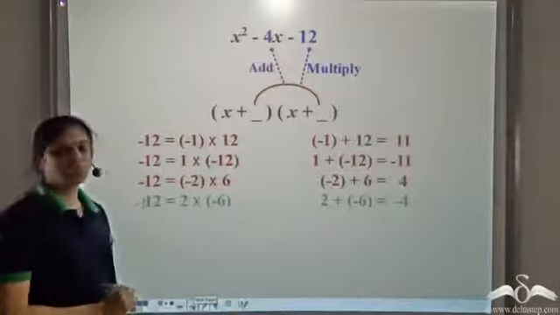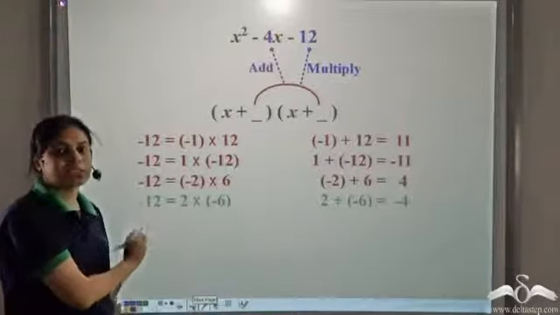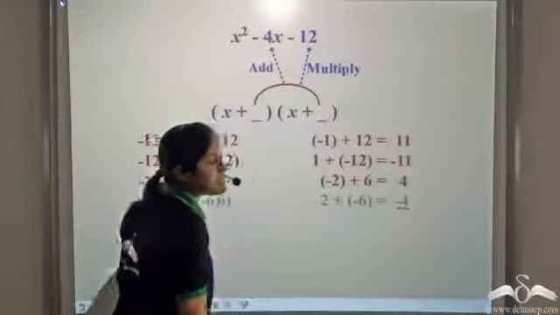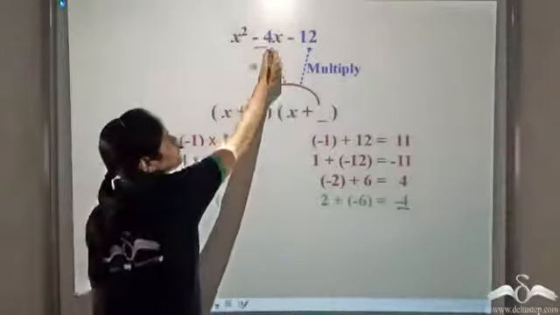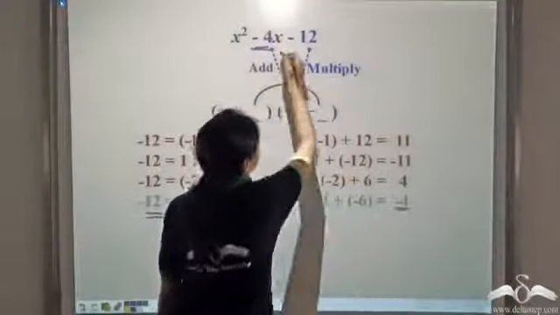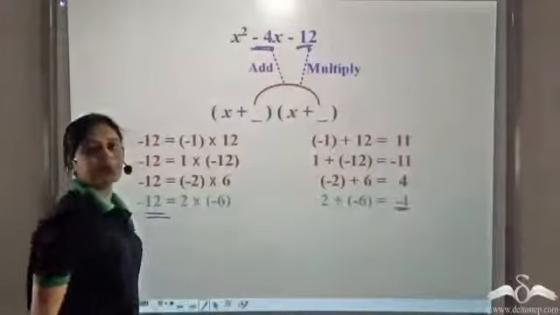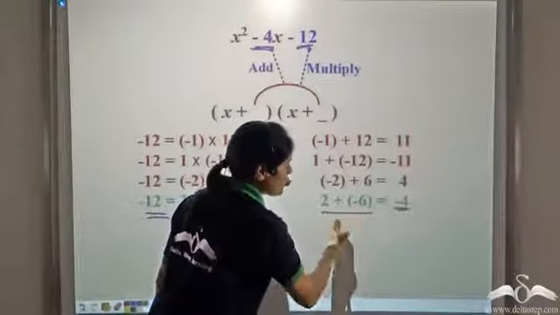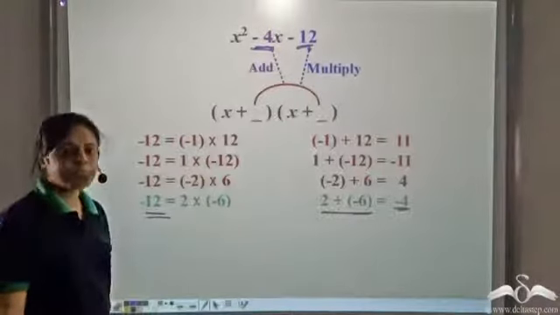Now we have 2 into negative 6 is equal to negative 12. 2 plus negative 6 is negative 4, which is what we require. So 2 and negative 6 is what is required. So we use these two numbers for splitting the middle term.